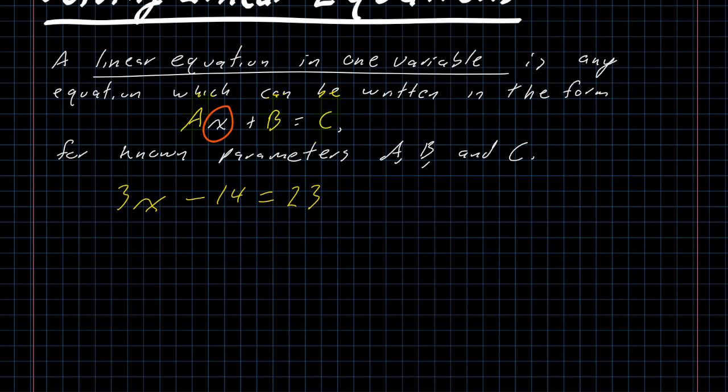I can first add 14 to both sides of the equation. And then get x by itself by dividing both sides of the equation by 3.